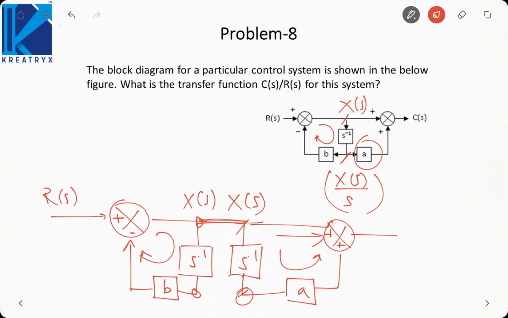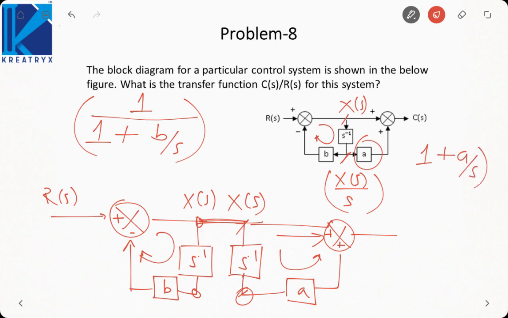Okay, so the transfer function of the feedback loop would be 1 upon 1 plus B by S. The transfer function of the parallel path would be 1 plus A by S. And these both blocks will be in cascade. If you see about this line, these both blocks are connected in cascade.